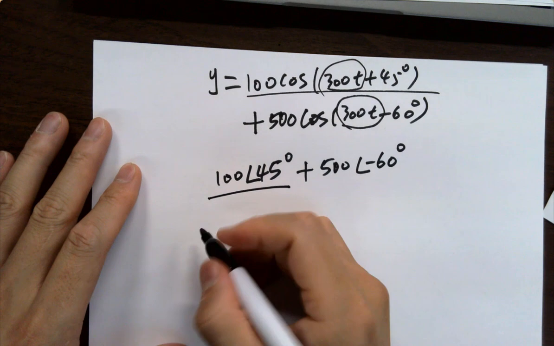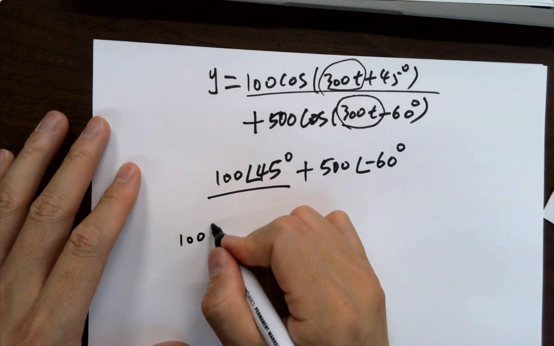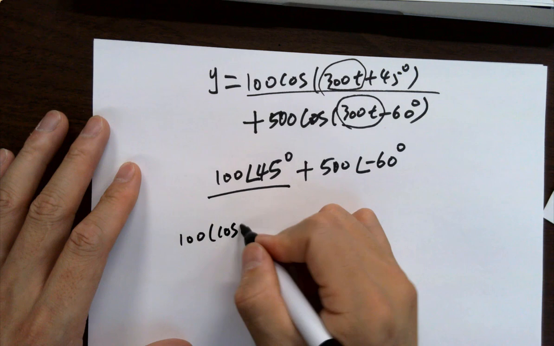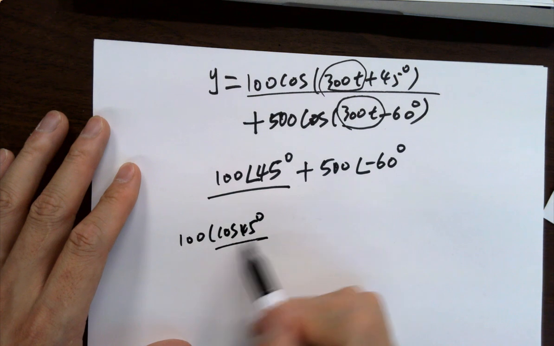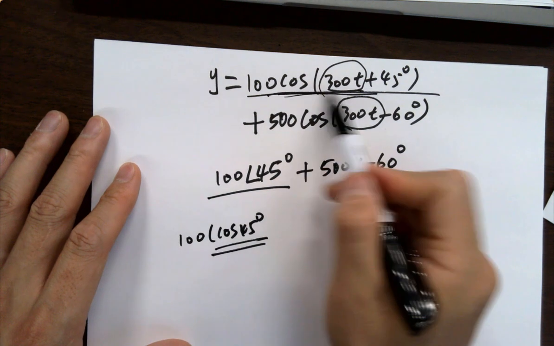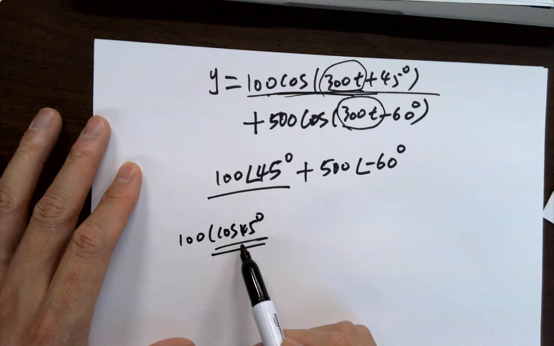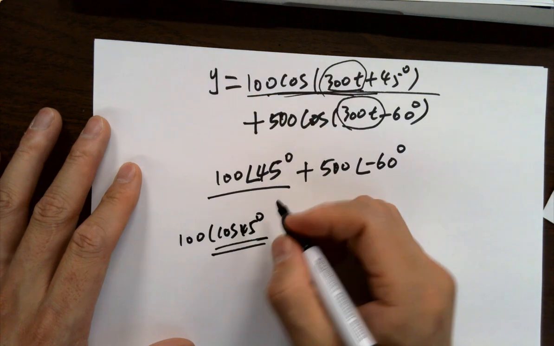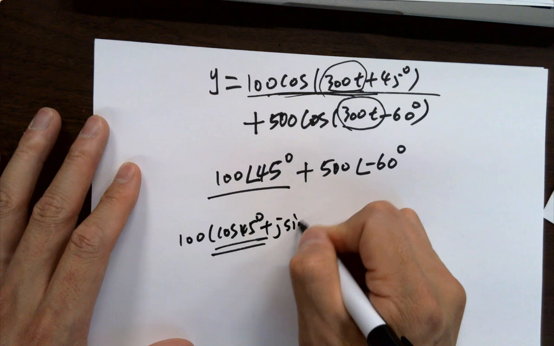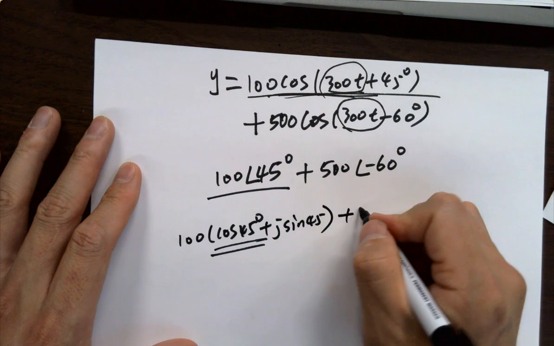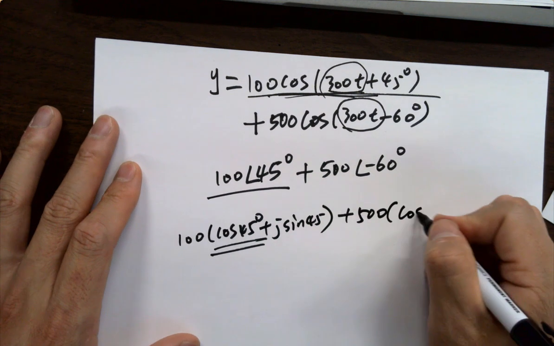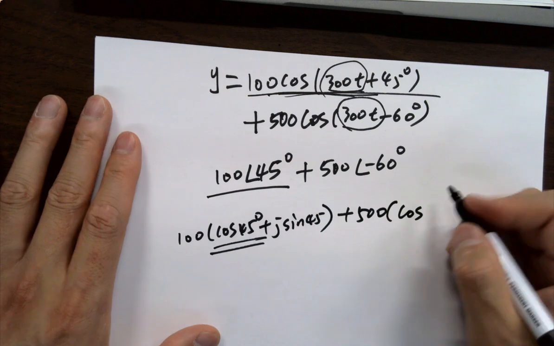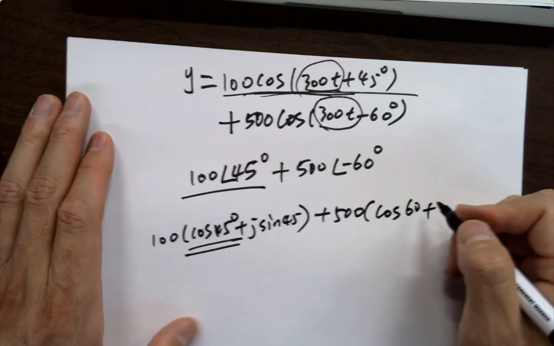So what is this? 100 times what? Cosine 45. Keep in mind, the cosine here is different from the cosine here. This is the time domain cosine. This is the rectangular form, the phasor cosine. Minus 60 and 60 are the same, right? So I can directly ignore it.